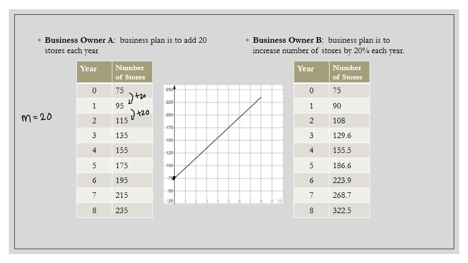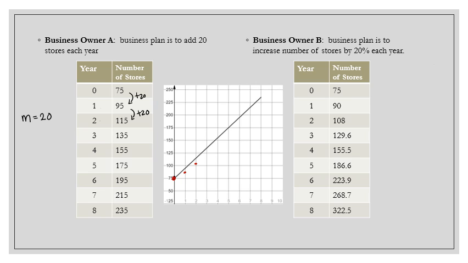And we get this nice linear function. Okay, what about business owner B? So she's starting at the same place, 0, 75. Then she's at 90, so just slightly less than her competition, who's at 95. Then 108, so again, less. 129.6. Getting closer.